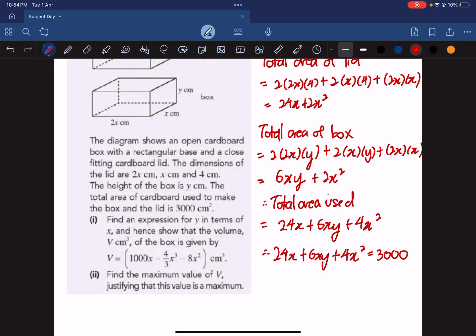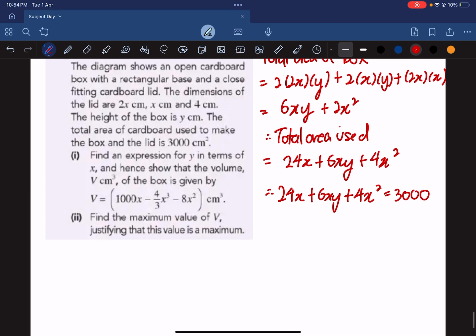Therefore, if I were to find an expression for y in terms of x, making y the subject, I will write it step by step. 6xy is equal to 3000 minus 24x minus 4x squared.